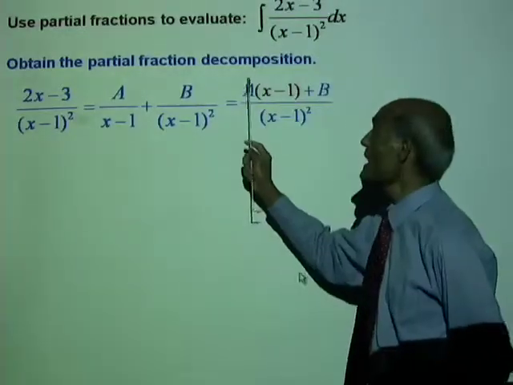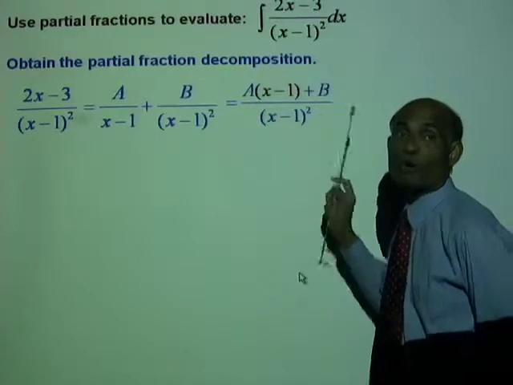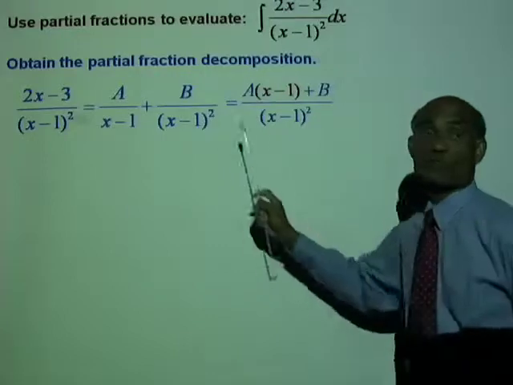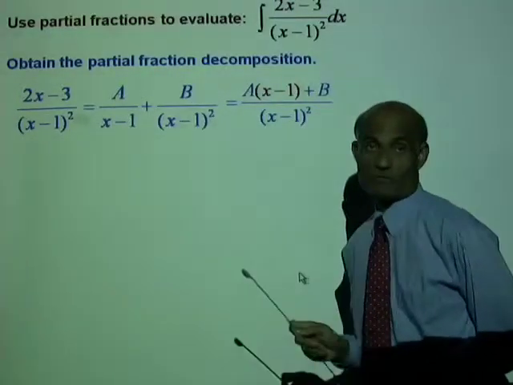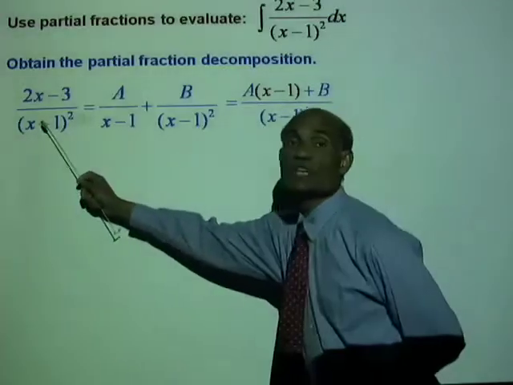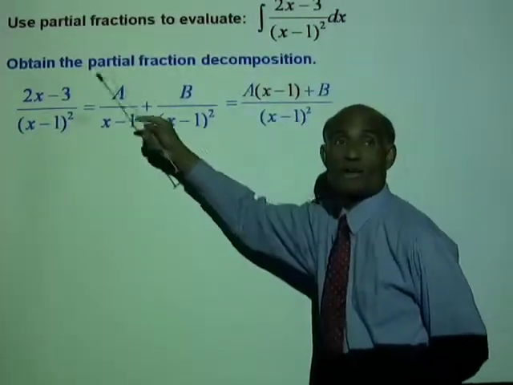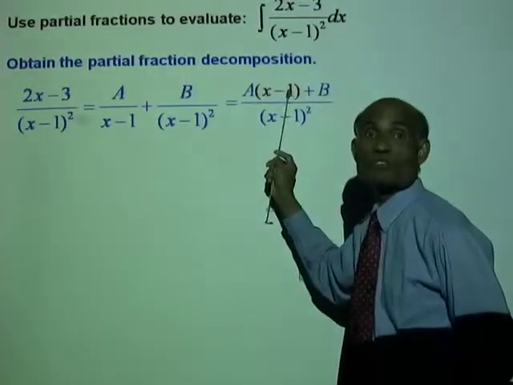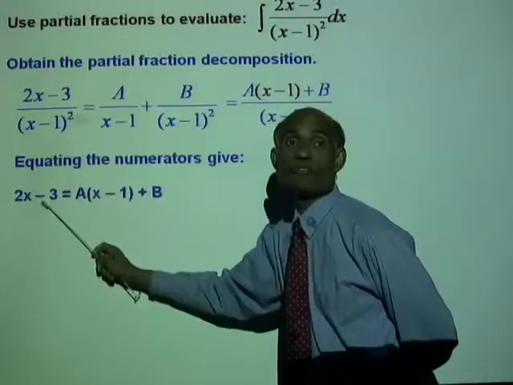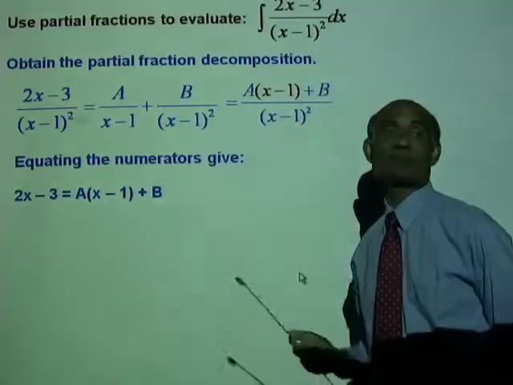So that will be a times (x minus 1) plus b all over (x minus 1) raised to the power of 2. I hope you know these skills very well by now. Well, now the two denominators are the same, the left hand side and the right hand side. That means the numerators can be equated. What do we have? We got 2x minus 3 equal to a times (x minus 1) plus b.